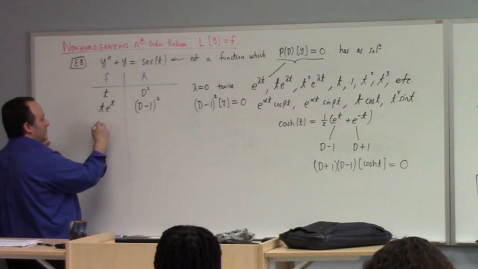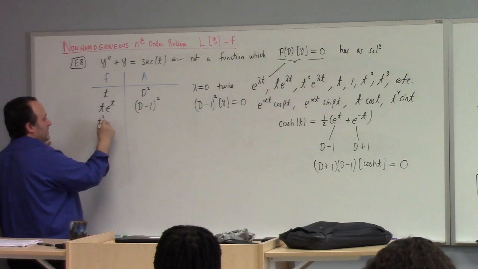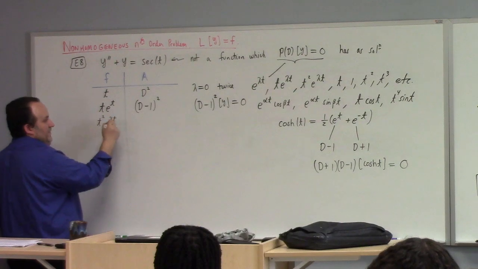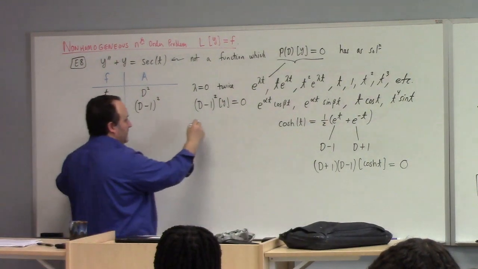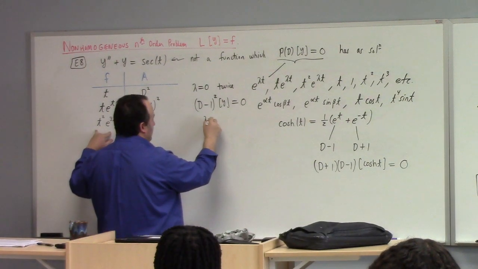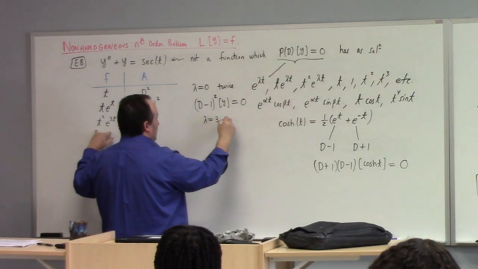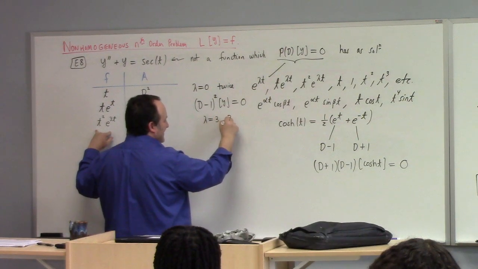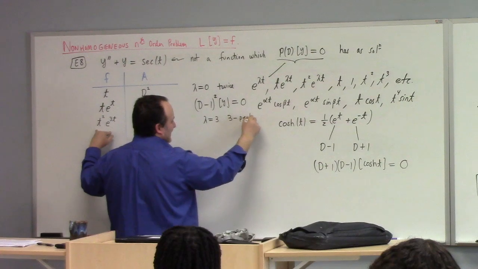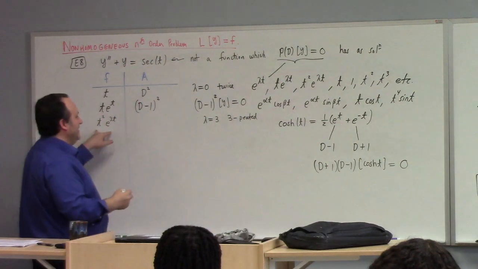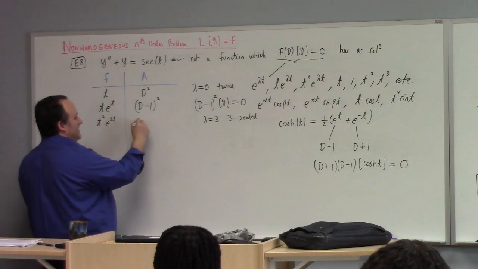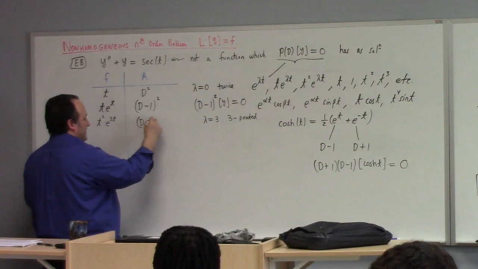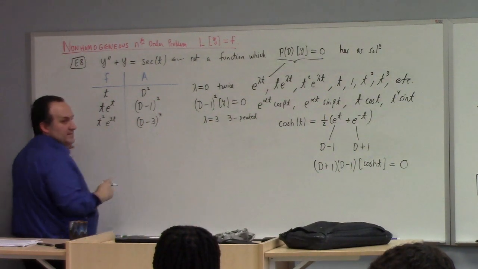What if I have t squared e to the 3t? This came from having lambda equals 3 three-peated. Sorry, I'm an idiot. Anyway, so what my boy is here, D minus 3 cubed.